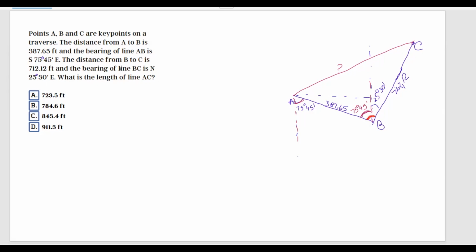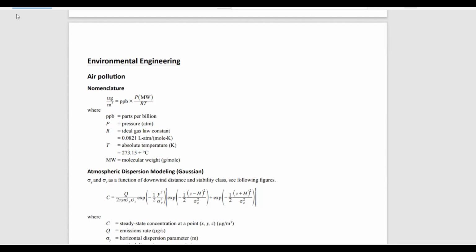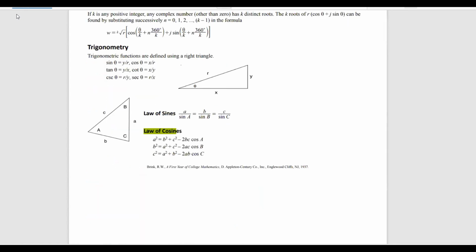And the reason I need that angle is that I'm going to use one of those sine or cosine laws, because we have distances and angles. Let's see, law of cosines.